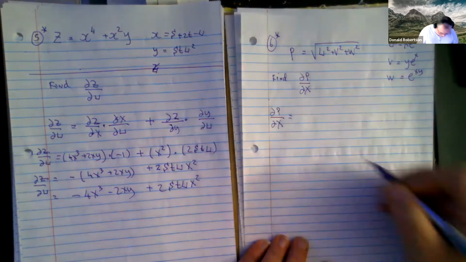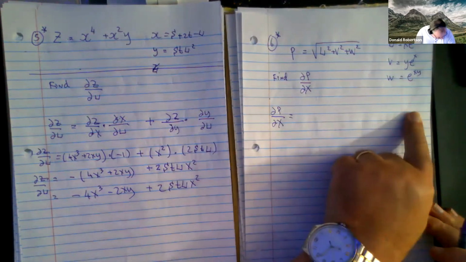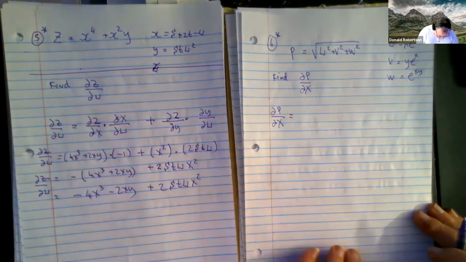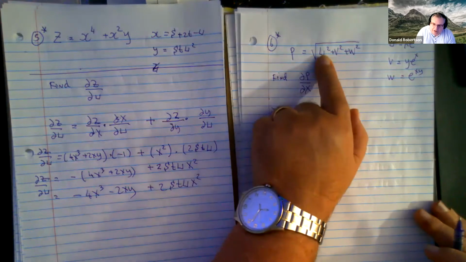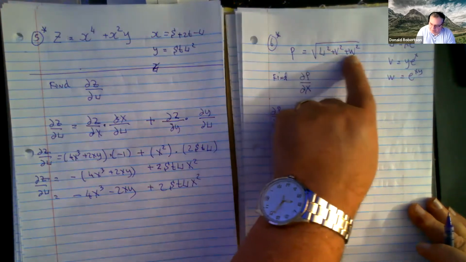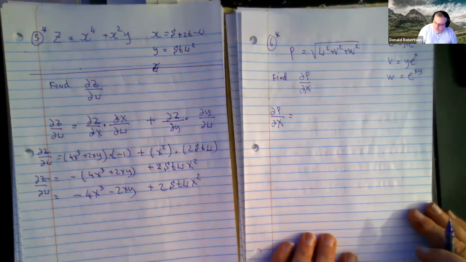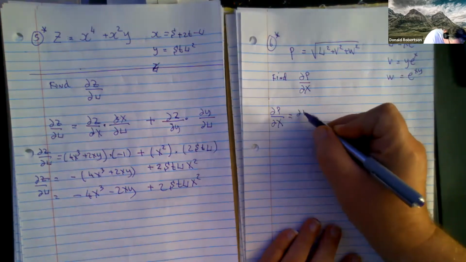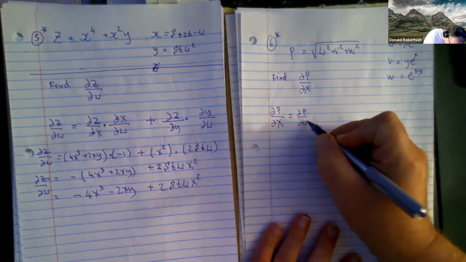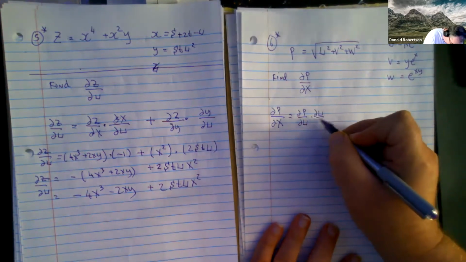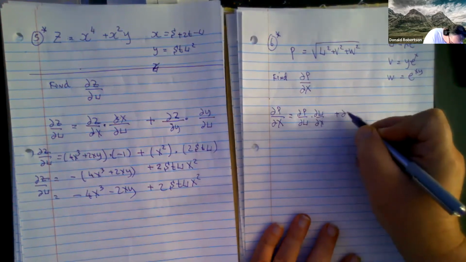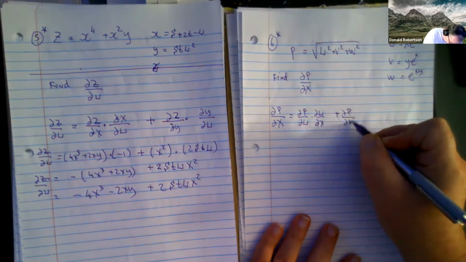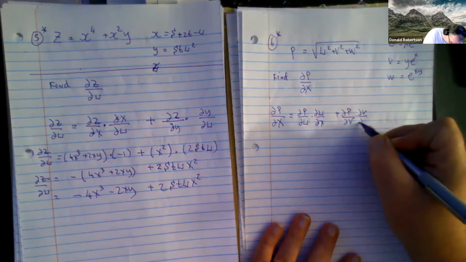So we have to figure out what the chain rule formula is, this guy here. Well, the way I look at it is, isn't P in terms of 3 variables, U, V, and W. So the partial derivative with respect to U, times dU by dx. The partial derivative of P with respect to V, times dV by dx.